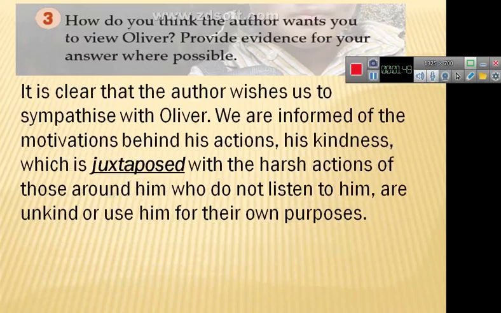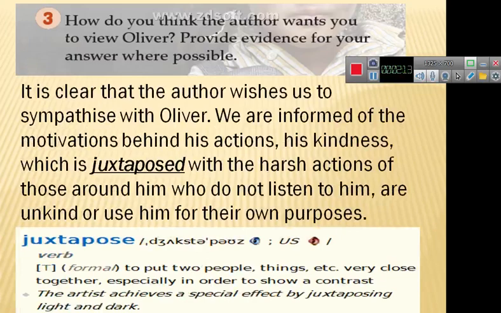We are informed of the motivations behind his actions, his kindness, which is juxtaposed with the harsh actions of those around him who don't listen to him, are unkind, or use him for their own purpose. What do you mean by this? This word, juxtapose, means to put two people or things very close together, especially in order to show a contrast.